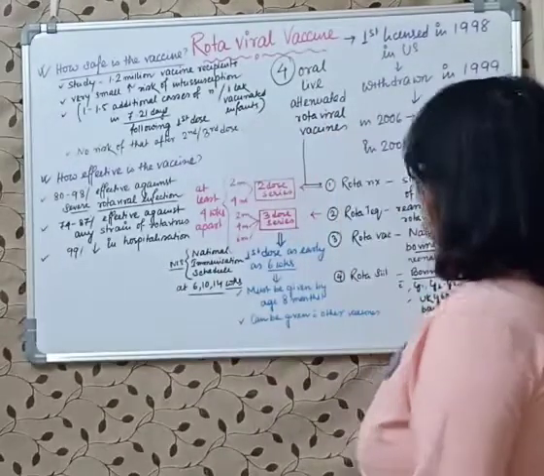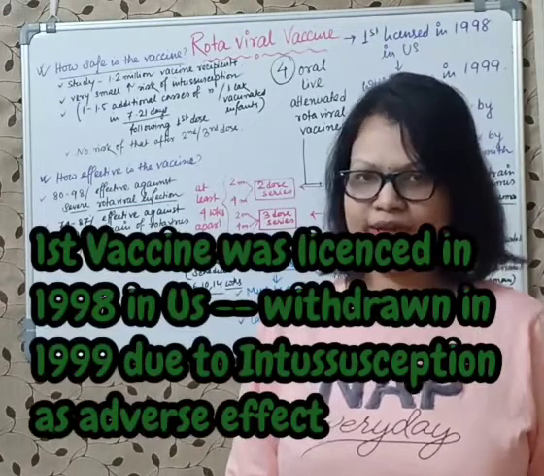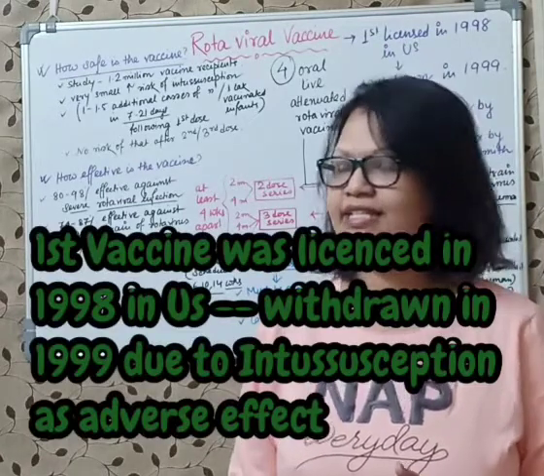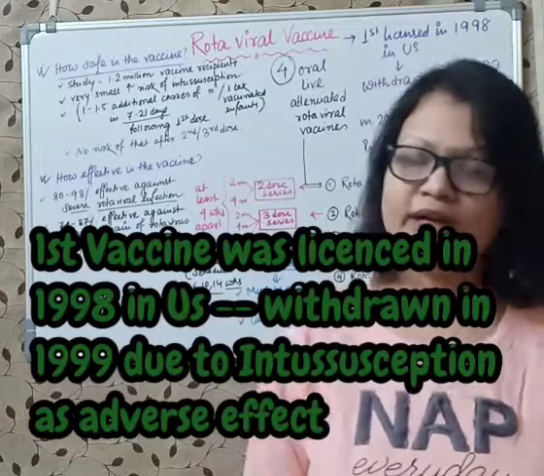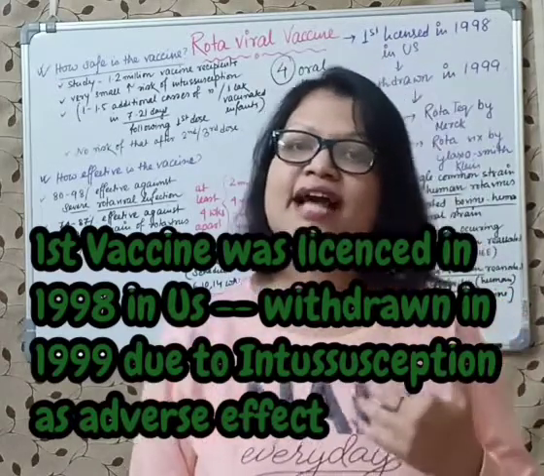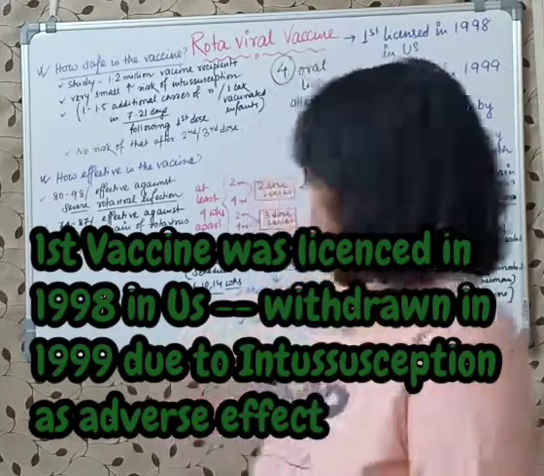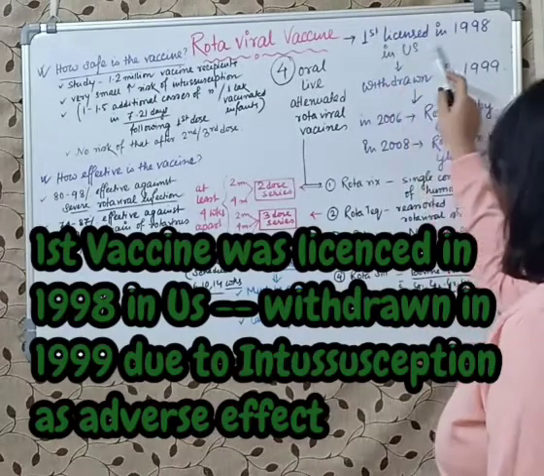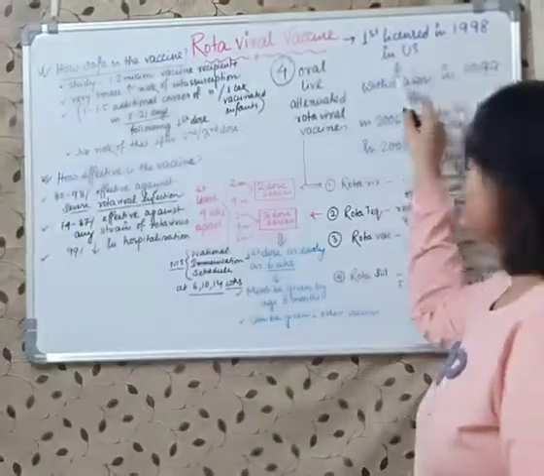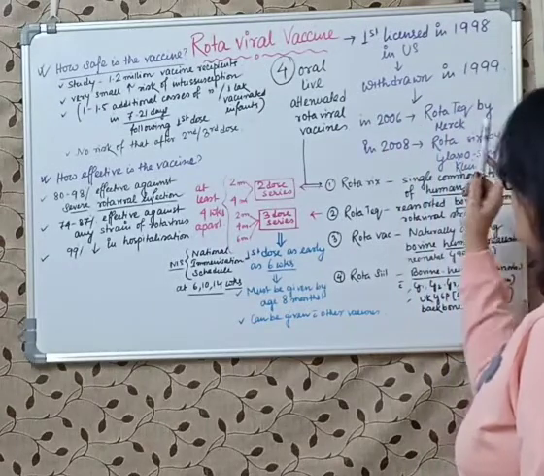Rotaviral vaccine. The first vaccine was licensed in the US in 1998, and after 1 year it was withdrawn from the market due to its adverse effect called intussusception. First licensed in 1998 in the US and withdrawn in 1999.